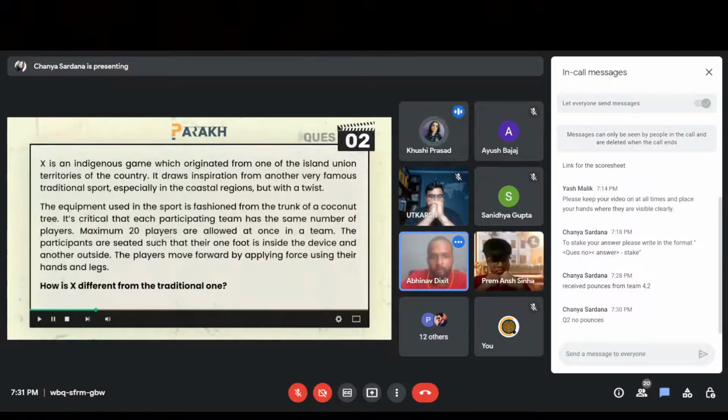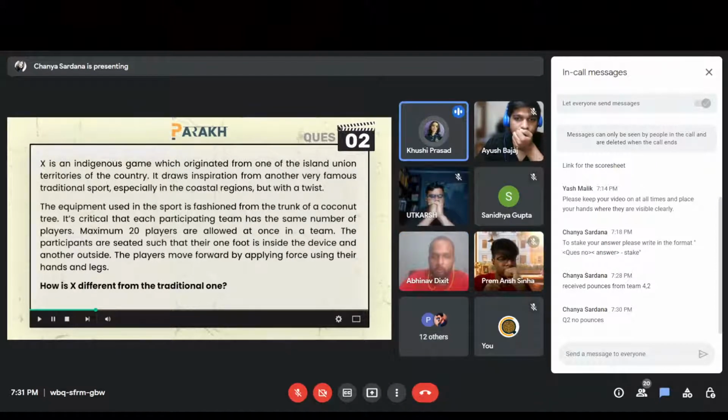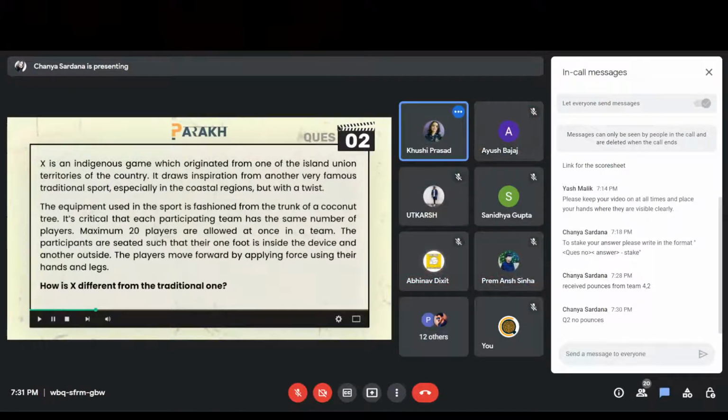So team 3, your guess. Rows, because they use hands and feet. Was it? Not really. Team 3. Sorry. Just a second. So basically, I would like to update.